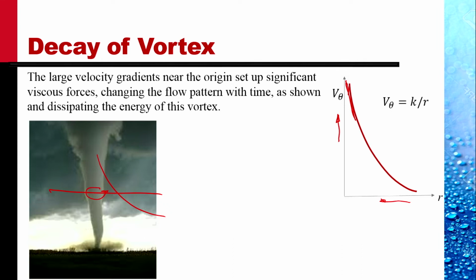These large velocities near the center give rise to very low pressure that picks up the debris from the ground, and so that makes the core visible. The core is also visible because of condensed moisture in there at low pressures.